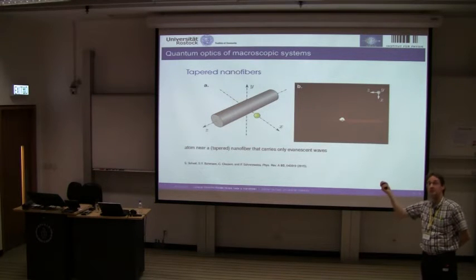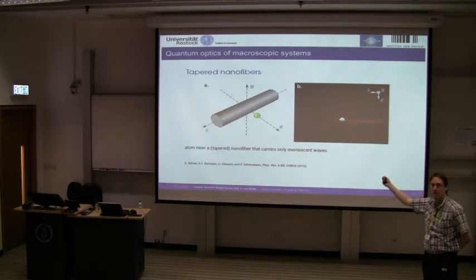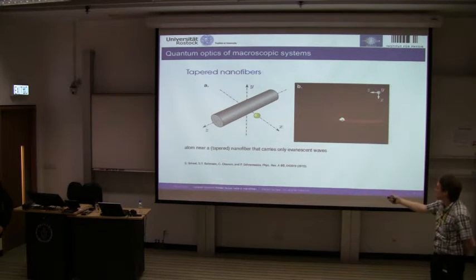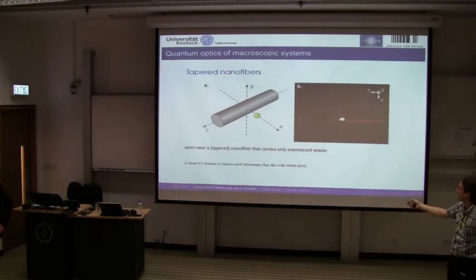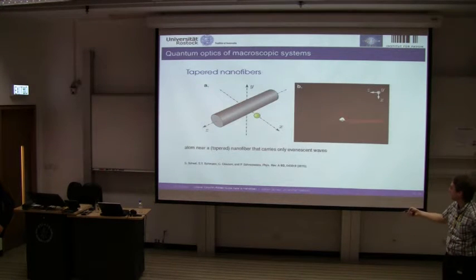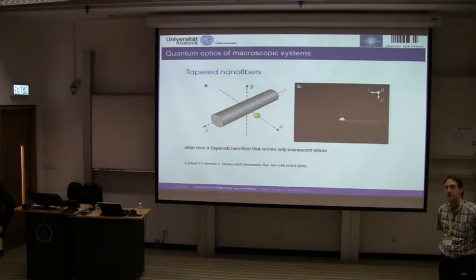That's all you need. That's what I call chiral here in this context. Okay, only a polarization selective emitter. So a cesium atom is already good enough as a polarization selective emitter, because you can prepare a particular quantum state that emits only circularly polarized light with respect to that quantization axis there.